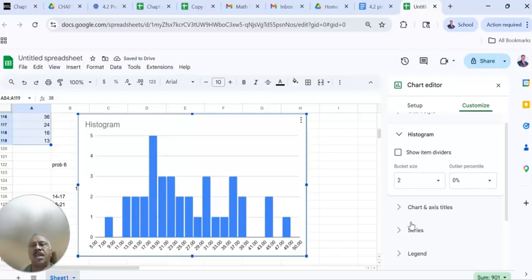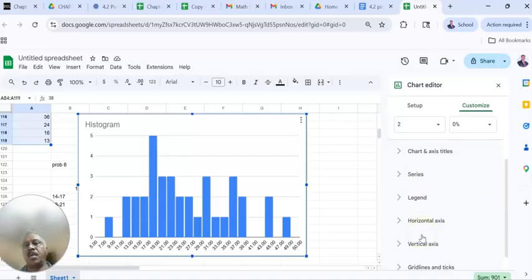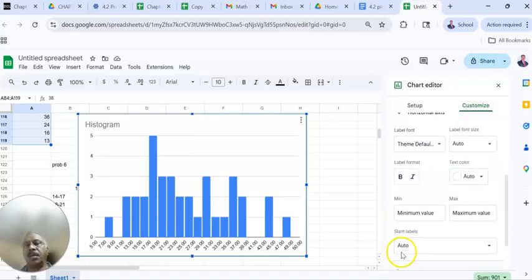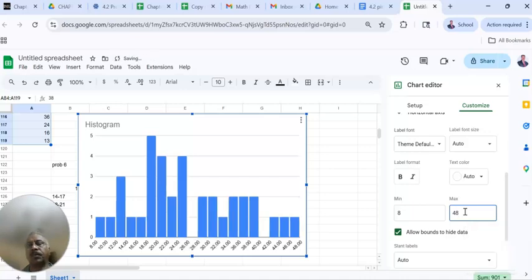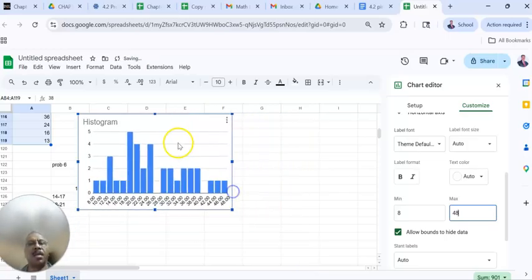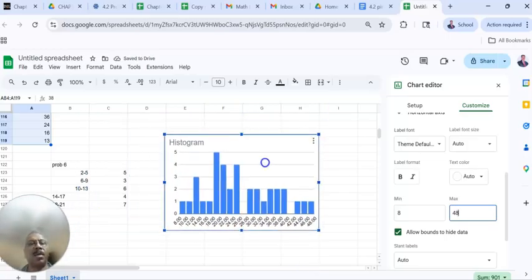But then we have to have the minimum at 8. So I'll go to the horizontal axis and put minimum as 8. Maximum is 48. I'll try to make it a little smaller just to understand this.